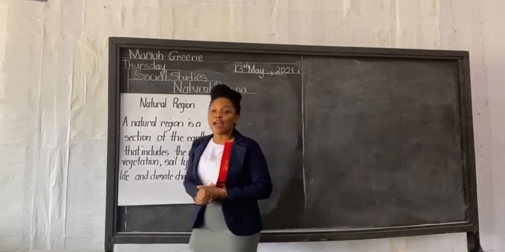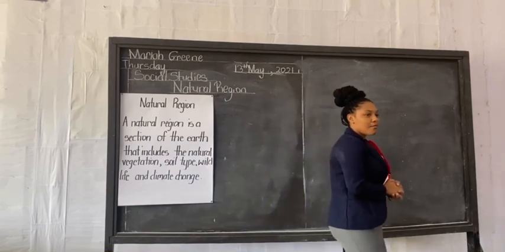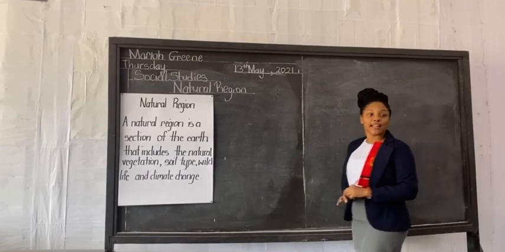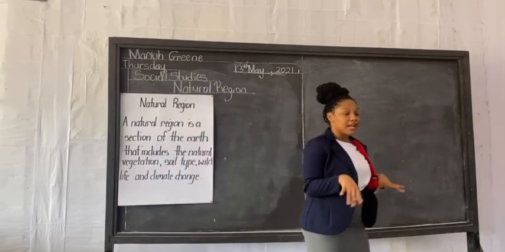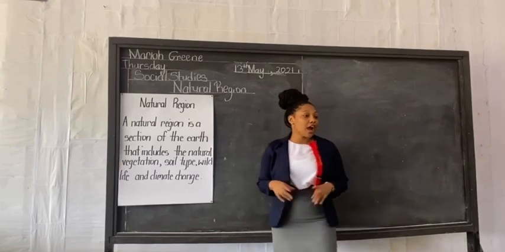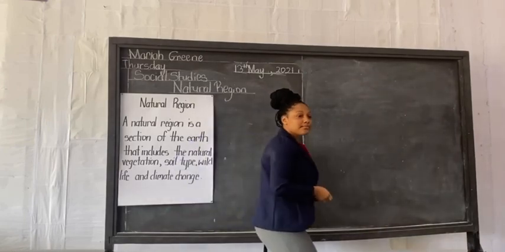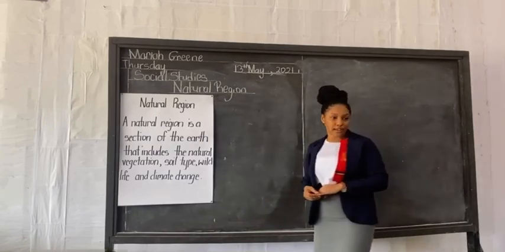Correct. Anyone else? Come on. James is saying the hilly sand and clay region. That is absolutely correct. The natural regions found in Guyana are the low coastal plain, the highland region, the hilly sand and clay region, and the interior savanna.